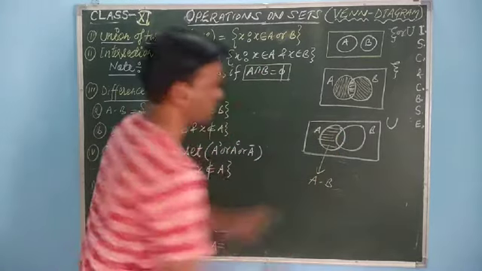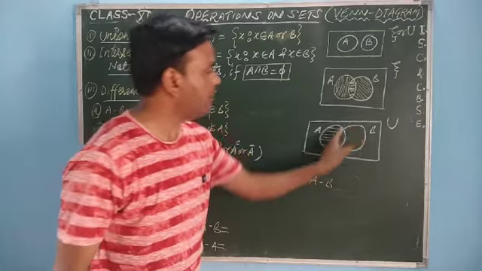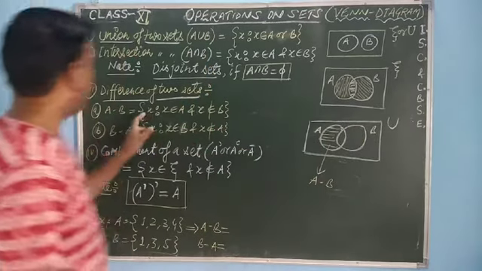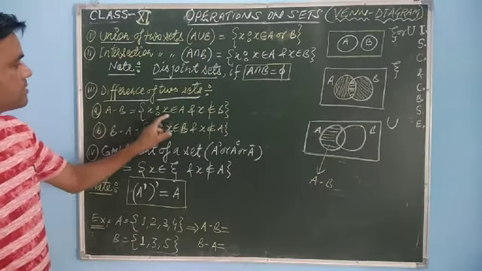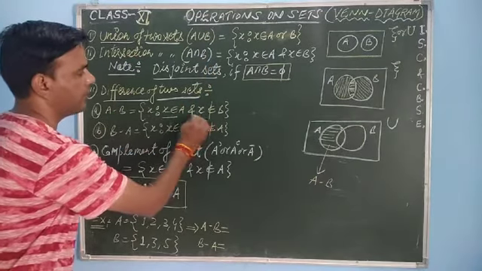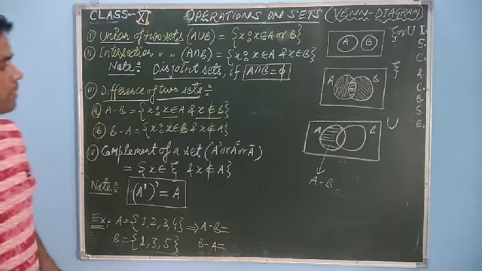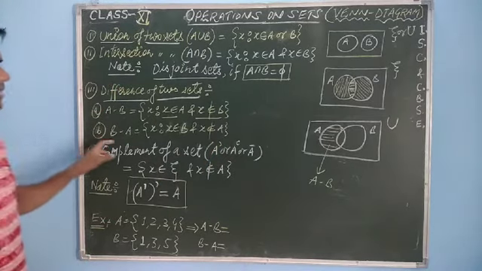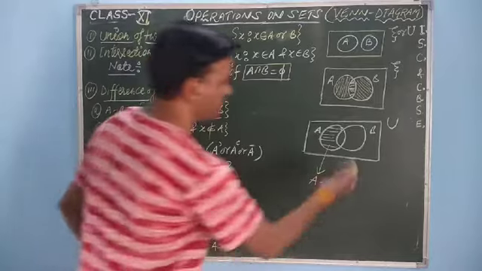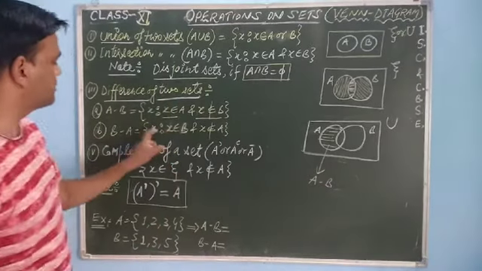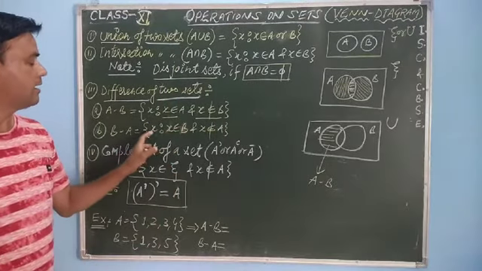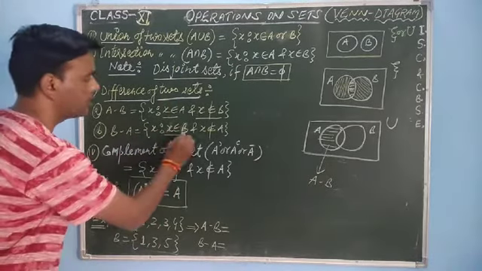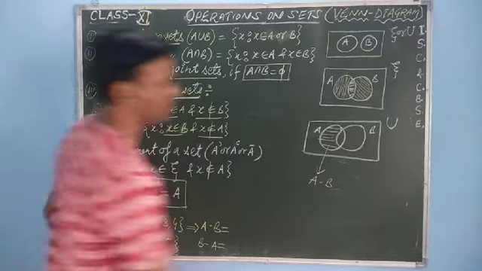It represents A minus B, because in this portion elements of B are not included, and the set builder form of this is X such that X belongs to A and X does not belong to B. Okay. Then the second is B minus A. Similarly, in set builder form we can write this as X such that X belongs to B but X does not belong to A. Just the reverse of this.